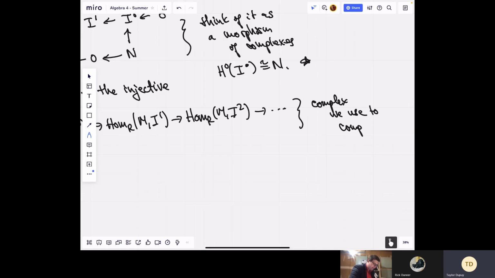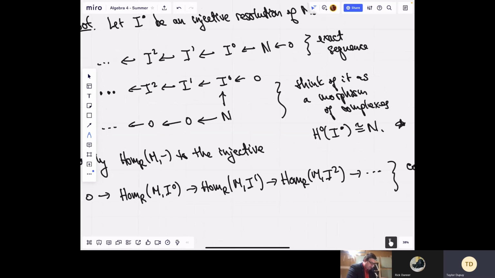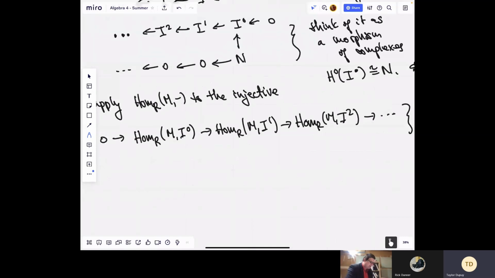By the way, if we did have a projective resolution here, the way that I was writing the arrows originally, you'd write them with subscripts, and then you could compute Ext this way as well, but it would just flip everything around. So you can compute them with projective resolutions too.